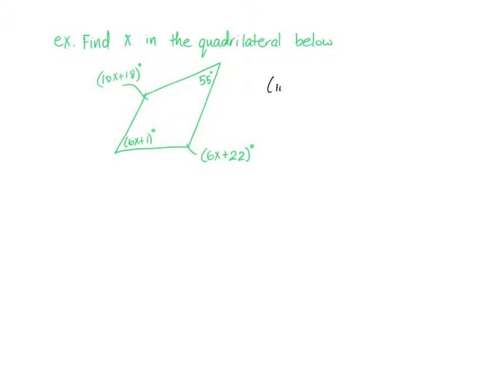So we have (10x + 18) + (55) and I know I'm going overboard with the parentheses, but just good habits. (6x + 1), just to show the things that are being added here clearly, plus (6x + 22). And when we add that all together, we should get 360 degrees.